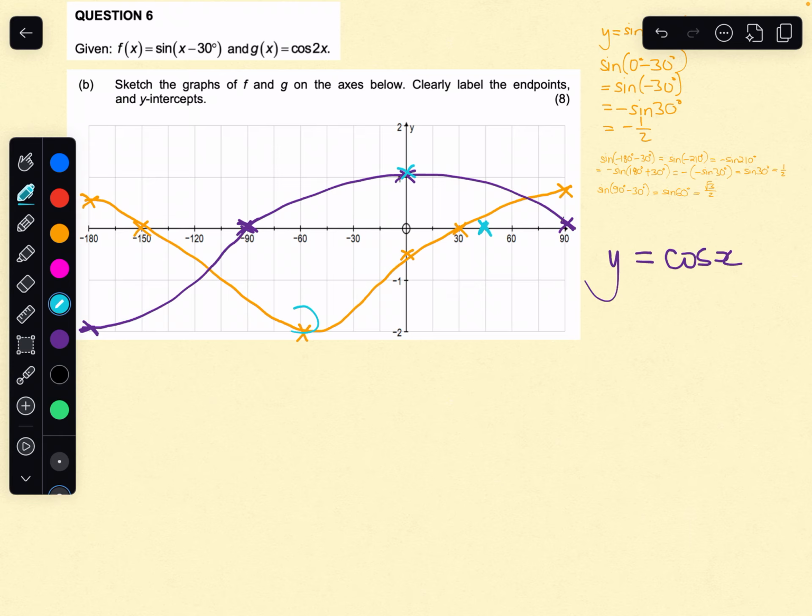And then this one, looking at the wrong graph. And then this point is going to also shrink back to minus 45, and then this one is going to go to minus 90. Okay, so that gives me some of my graph.